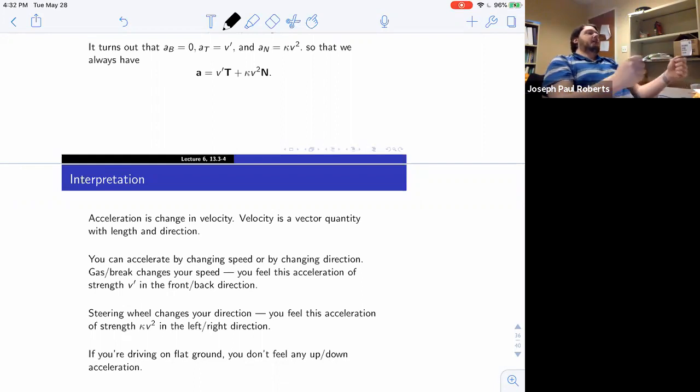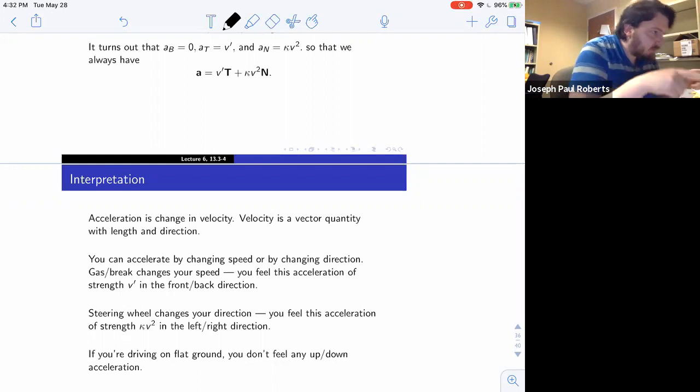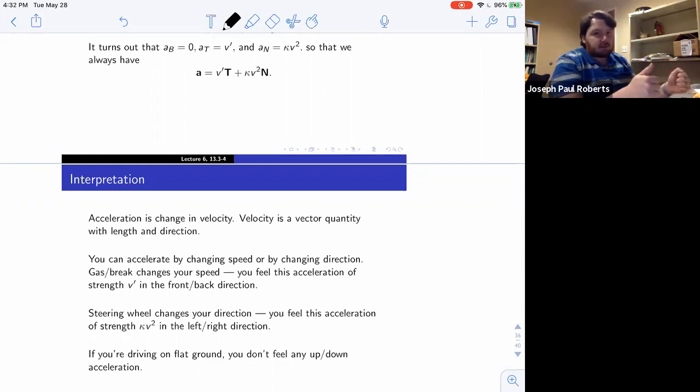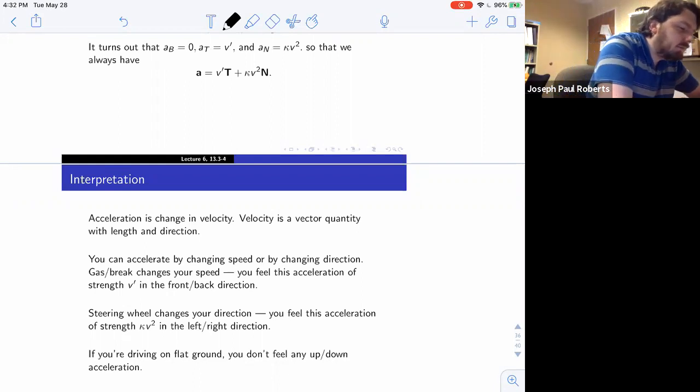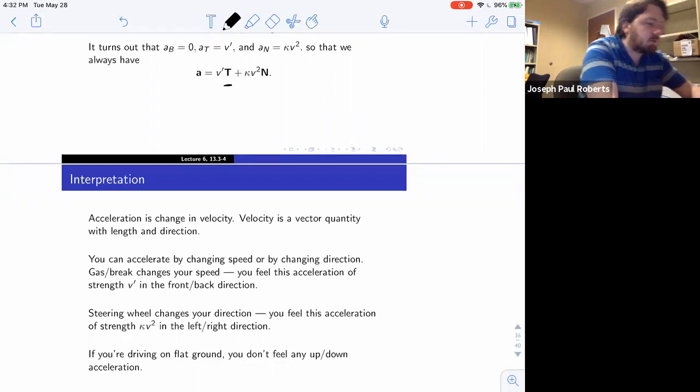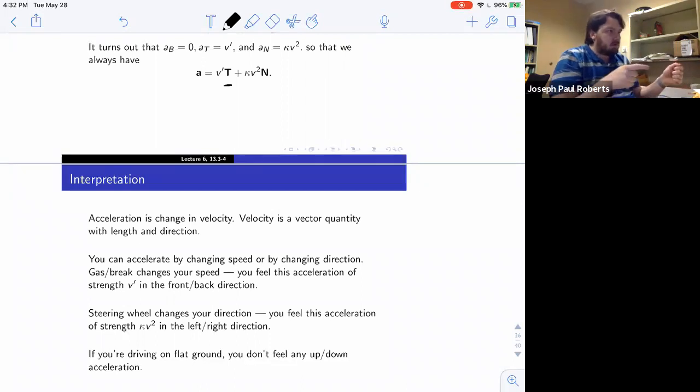If you slam on the brake, you feel acceleration directly forward. So forward and backward, that's the direction that you're moving. And that's what this is meaning right here, that it's in the direction that you're going. So when you're driving in your car, the unit tangent is just straight ahead.